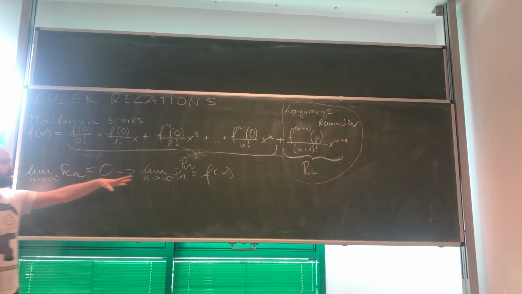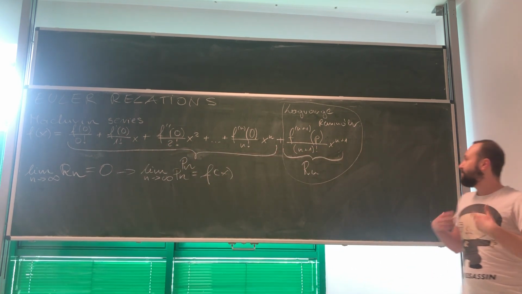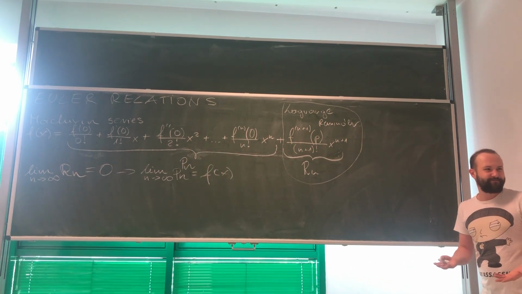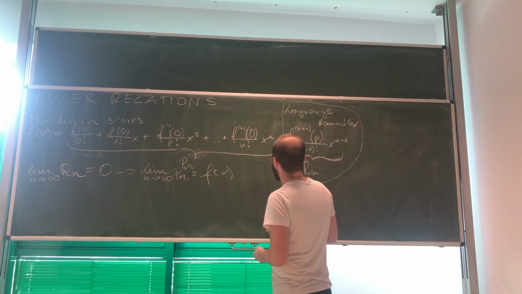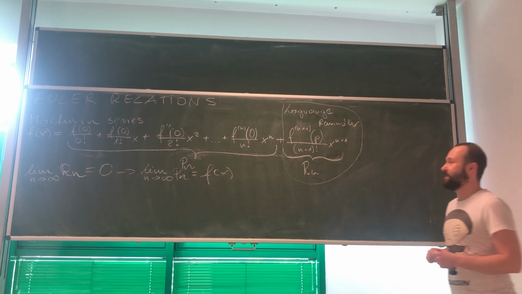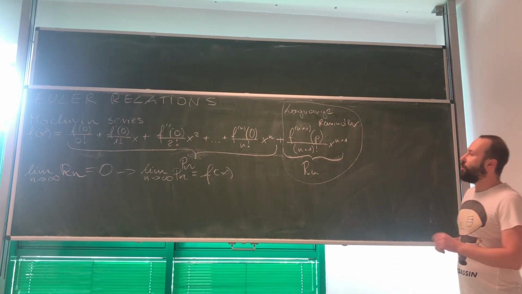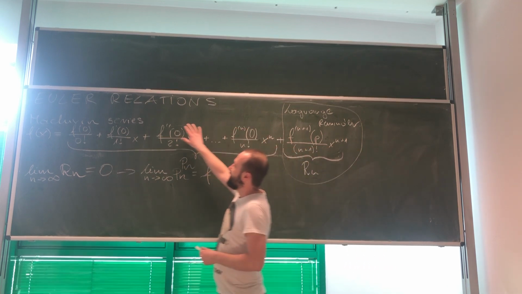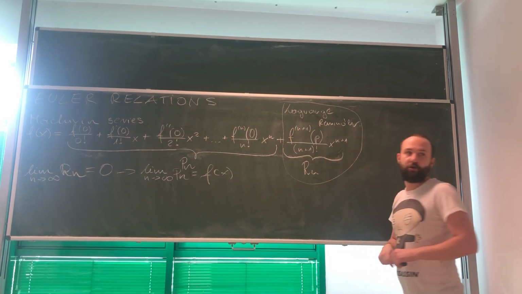This is why this remainder is so important, because if we can prove that it dies down to 0, then we can actually find a perfect representation of the function. And this is actually all we need, because now we're going to be expanding sine and cosine functions.